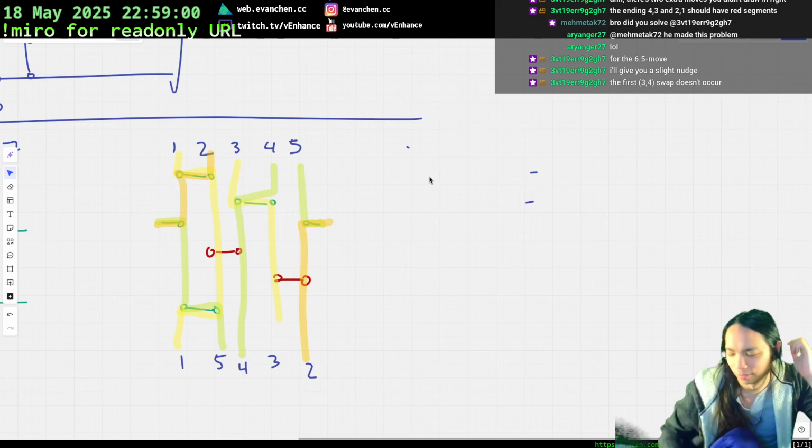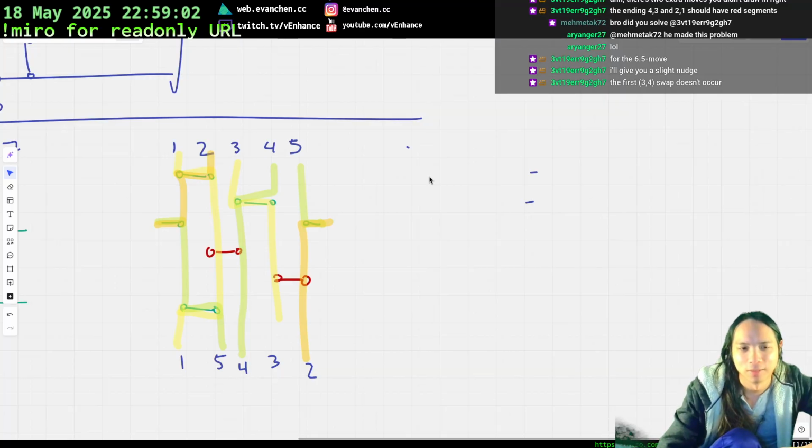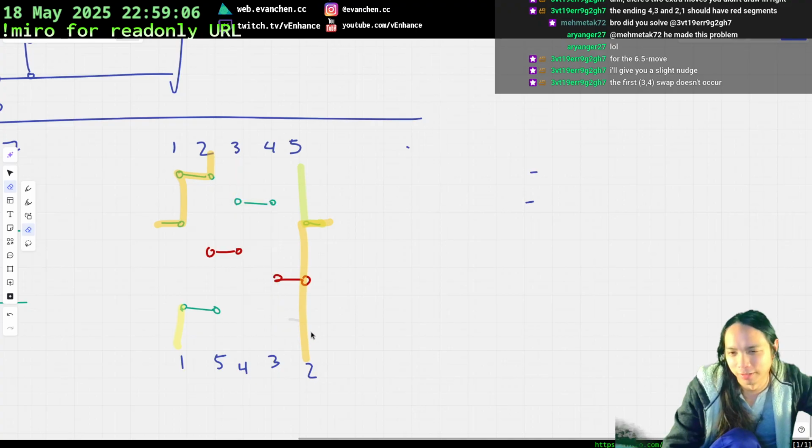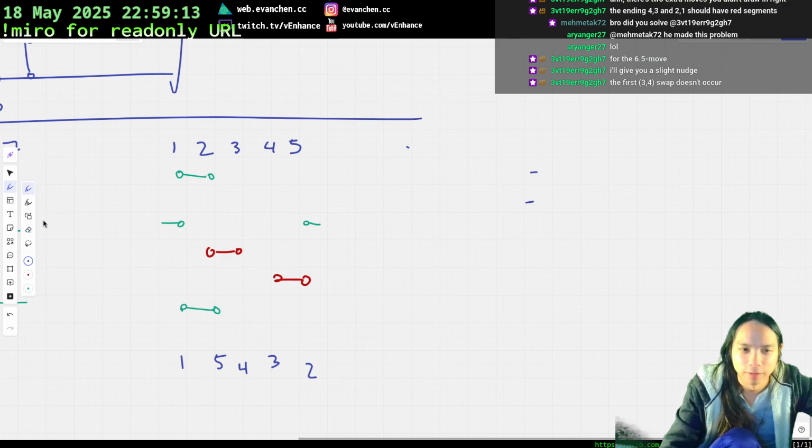The first 3, 4, okay. Yeah, I just screwed up the end states again, which is becoming the theme of this, and thought that the 6.5 move was the same as the start of the 8 move.